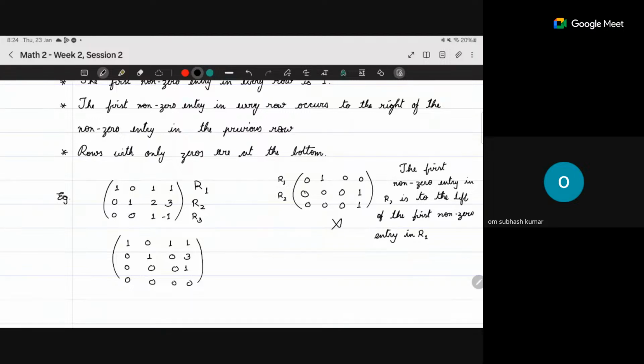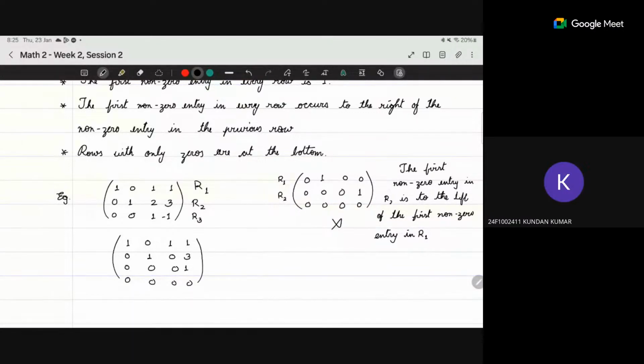Yes, sir. This is not okay, because in R3 and column 3, the 1 and the 1 below it are not to the right of each other. If it is the last row of zeros, then it will be okay. This is fine. Okay.